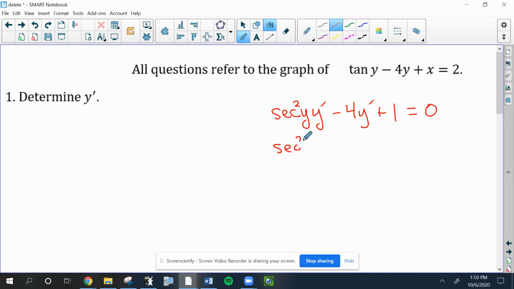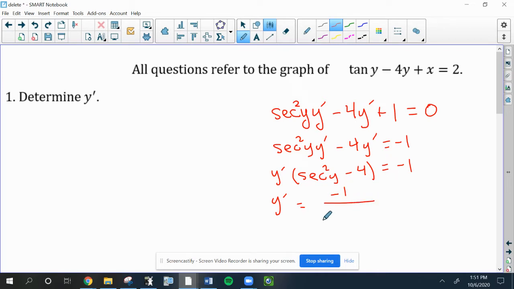Collect all the y prime terms on one side. All the terms without a y prime go to the other. Factor out a y prime. And divide.